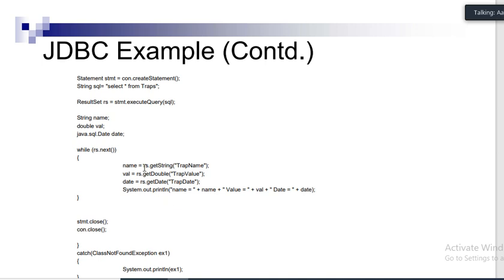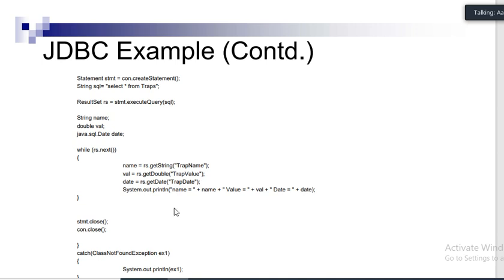So rs is nothing but the ResultSet object, and at any time it represents one row. If the while loop iterates the first time, it processes the first row. The second time, it processes the second row, and the third time, the third row. In each row you have certain column values: first column, second column, third column, fourth column.